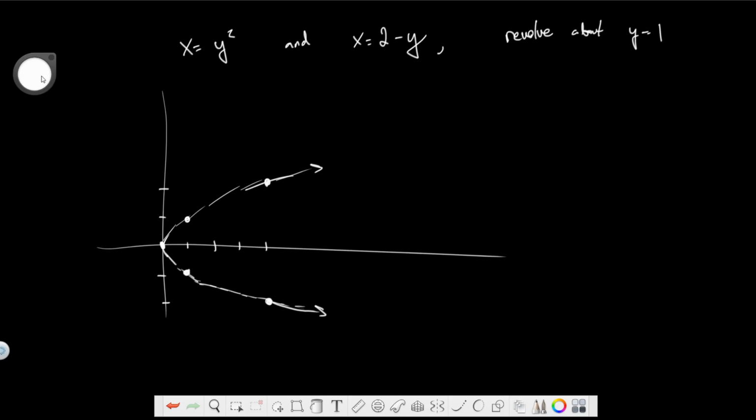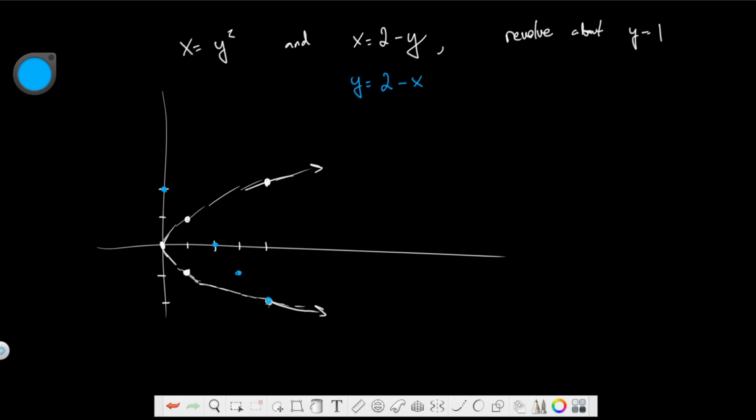And then we also have the curve. Let me go ahead and change the color. We have x equals 2 minus y. So that is going to be, let me move this around actually, y equals 2 minus x. Right, so intercept at 2 and slope of -1. So boom, boom.